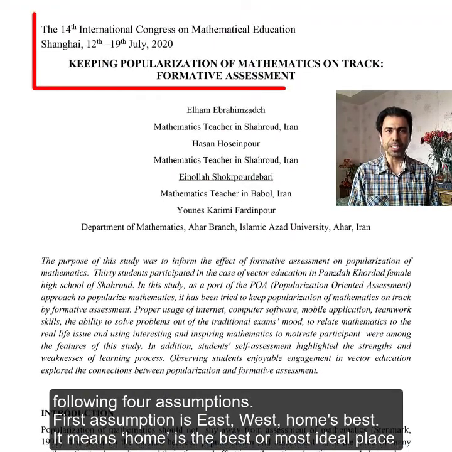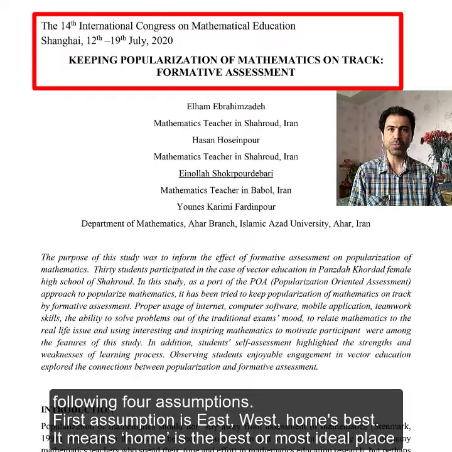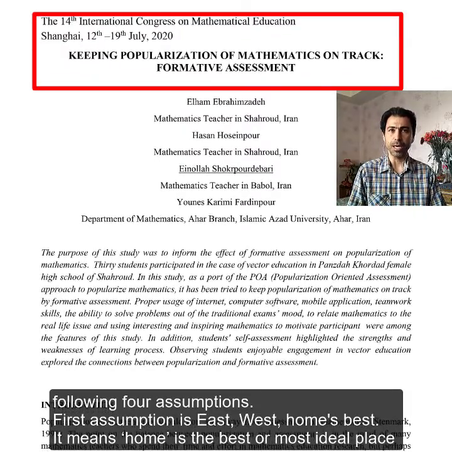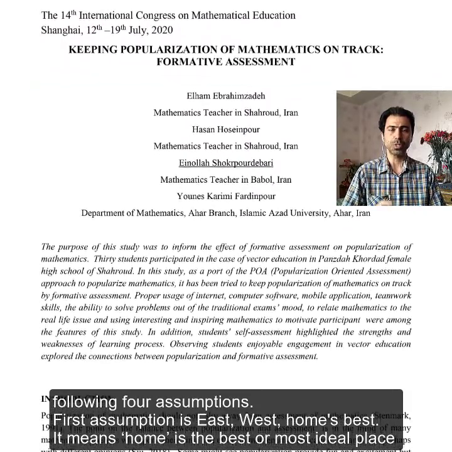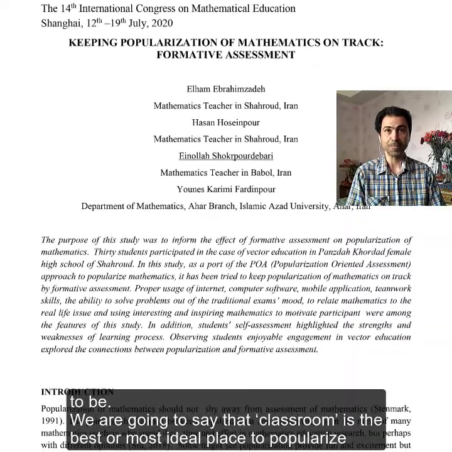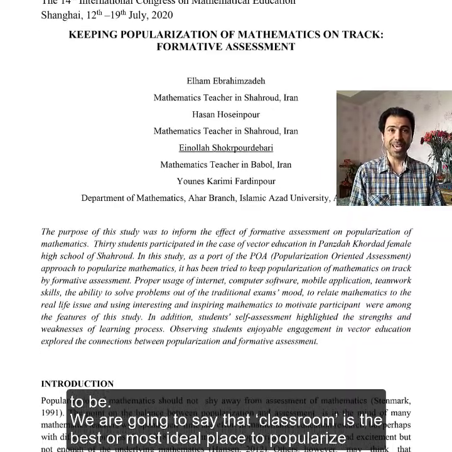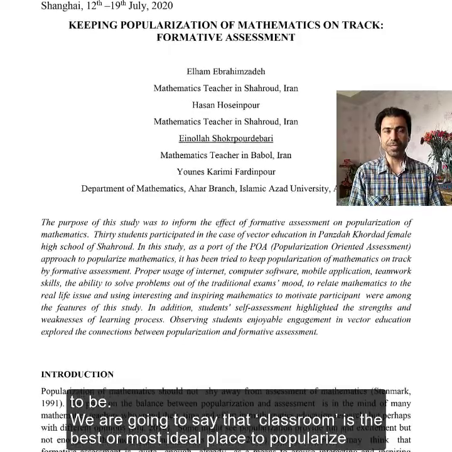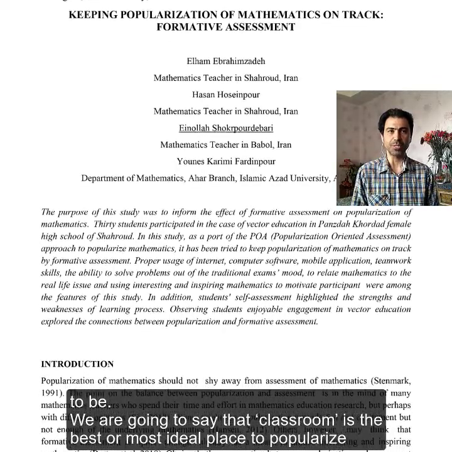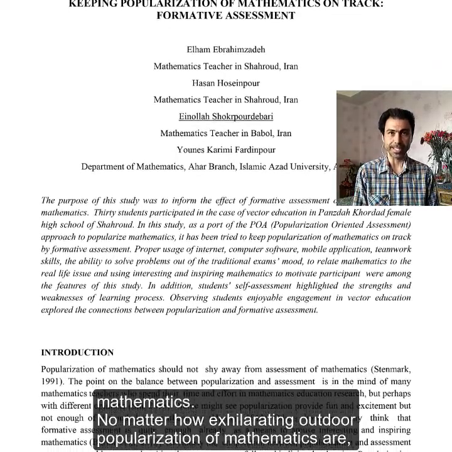First assumption is East, West, home's best. It means home is the best or most ideal place to be. We are going to say that the classroom is the best or most ideal place to popularize mathematics.